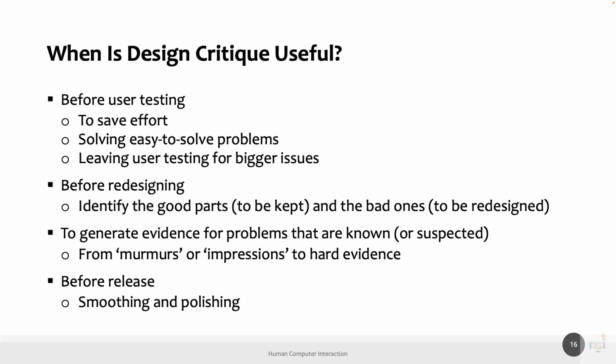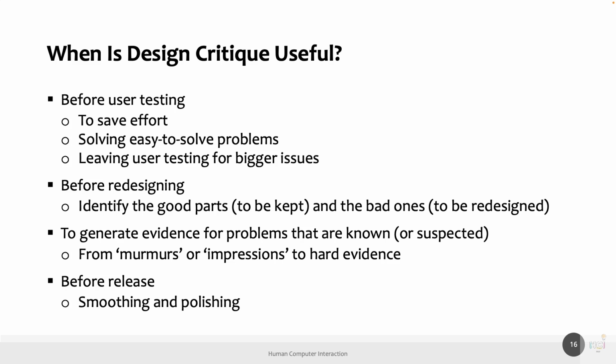This kind of evaluation is also called design critique, because experts will critique your design, of course, in a constructive way. And you will take the role of experts in assignment 3, evaluating the prototype of another group, evaluating probably 2 prototypes of another group. So when is this kind of evaluation useful?